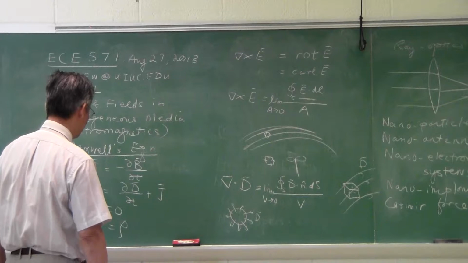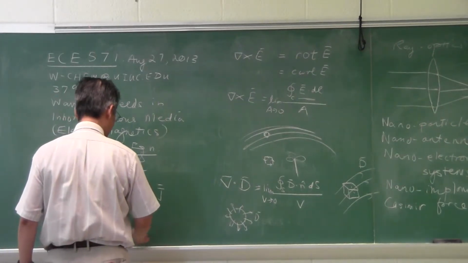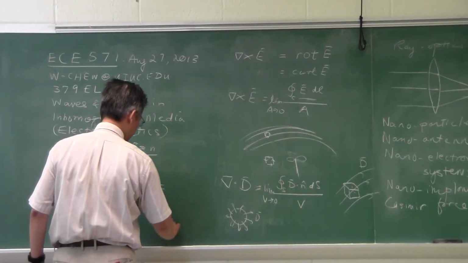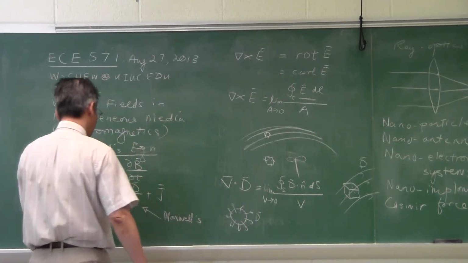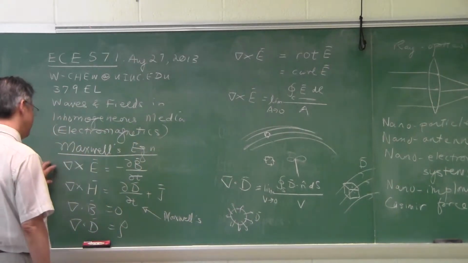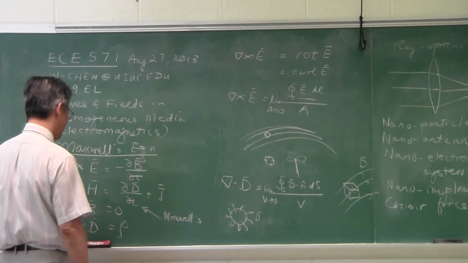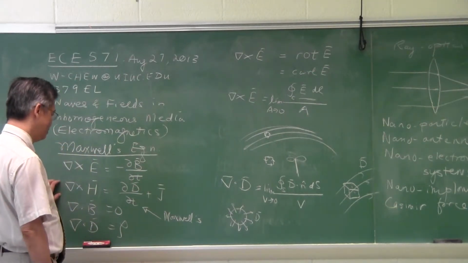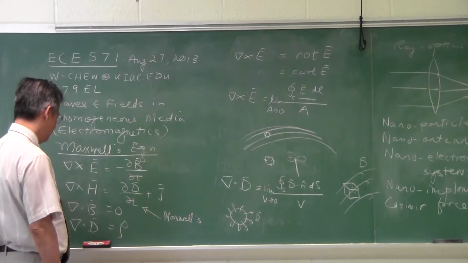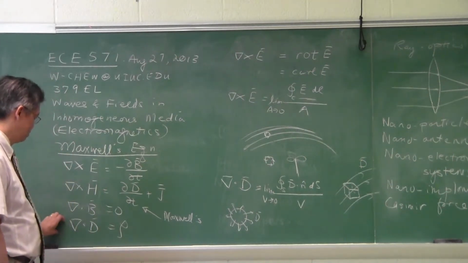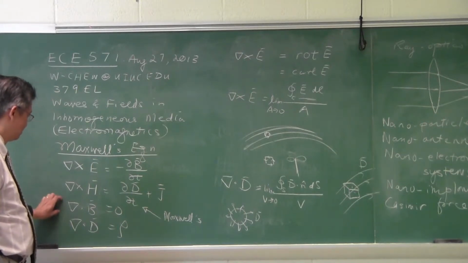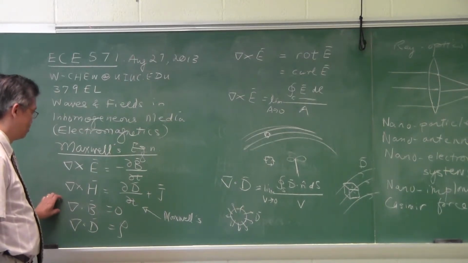And then of course you can look at these other things, and they're like strange things. Okay, and Maxwell's contribution is actually to give rise to this term. Okay, and the first term is actually Faraday's law. The second term is Ampere's law, and also generalized Ampere's law. And the third term and fourth term, this one is actually coming from Coulomb's law, and this is Gauss' law, or something like that.